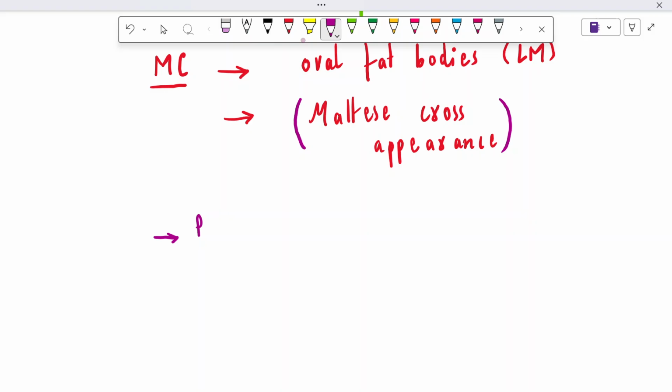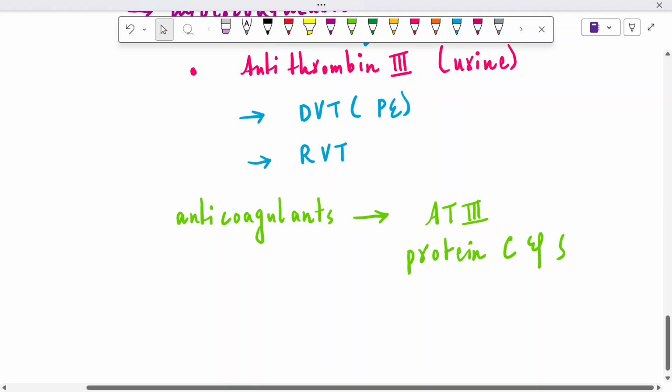The anticoagulants are, as I have mentioned, antithrombin 3, as well as other proteins known as protein C and protein S. Protein C and protein S are the anticoagulants of our coagulation system. And coagulants, as you know, include thrombin, fibrinogen or fibrin, which is a very powerful coagulant, as well as the platelets, right? So the balance between the anticoagulants and coagulants is very important to maintain blood consistency.